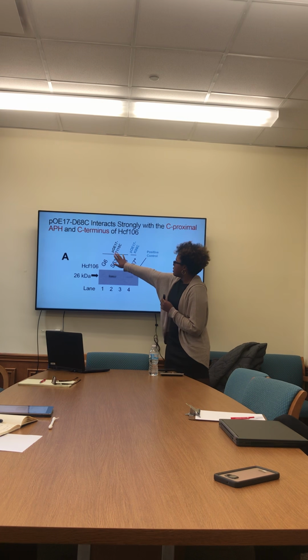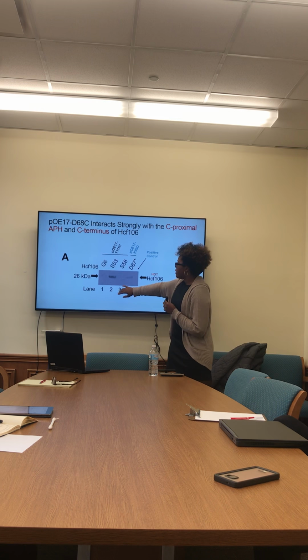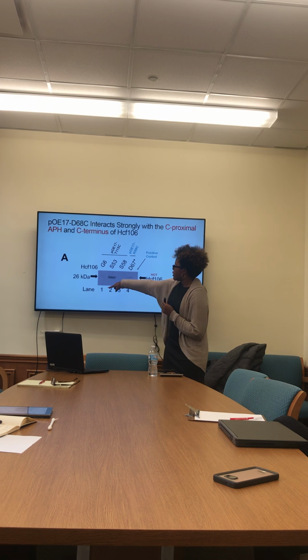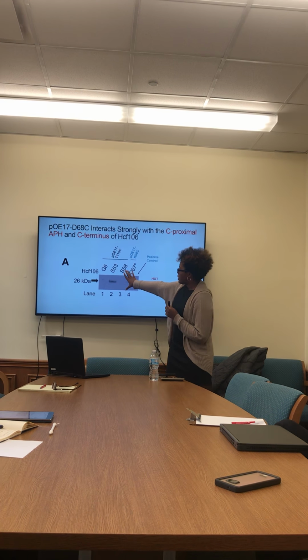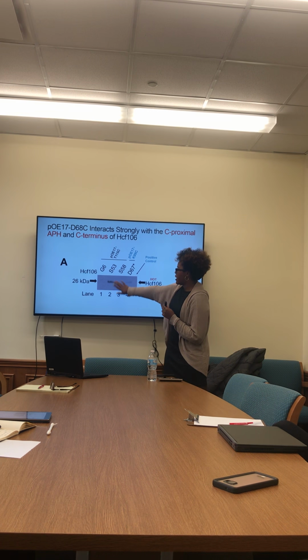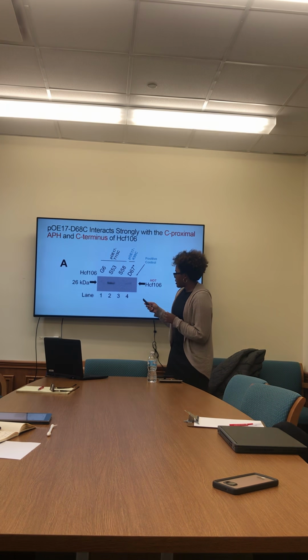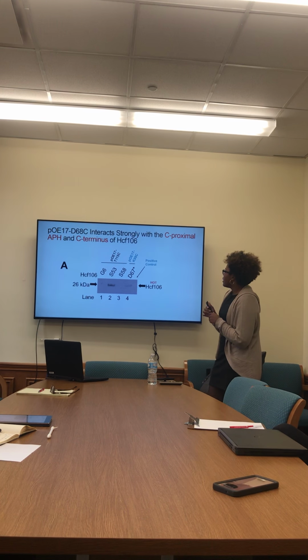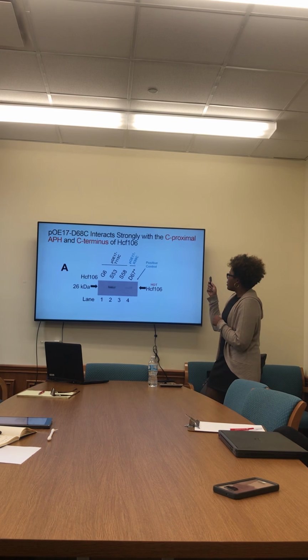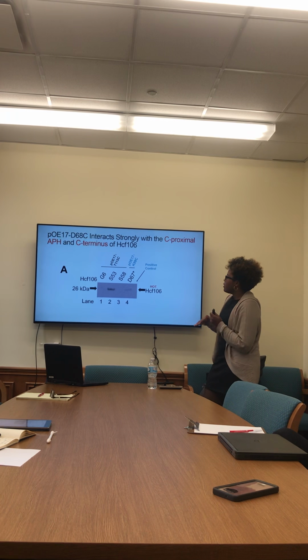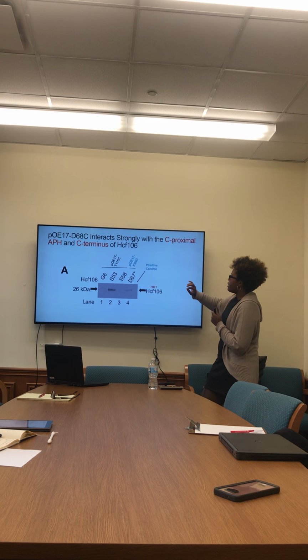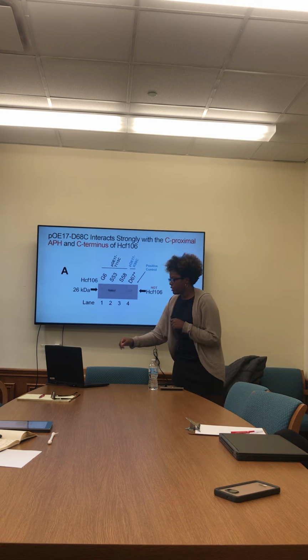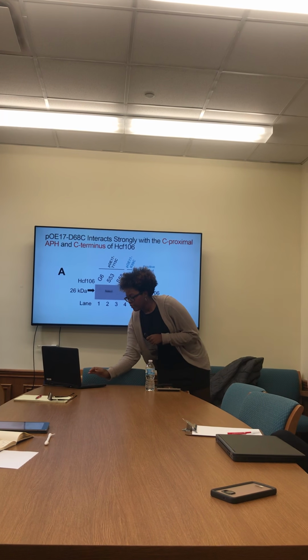Over here, this is D68 interacting with the N-terminus of HCF106, and this is more the C-terminal APH region. I only got a cross-linking product for S53. But from looking at previous studies, I know that the overall trend is that it's strongly interacting with the C proximal APH and the C terminus of HCF106.